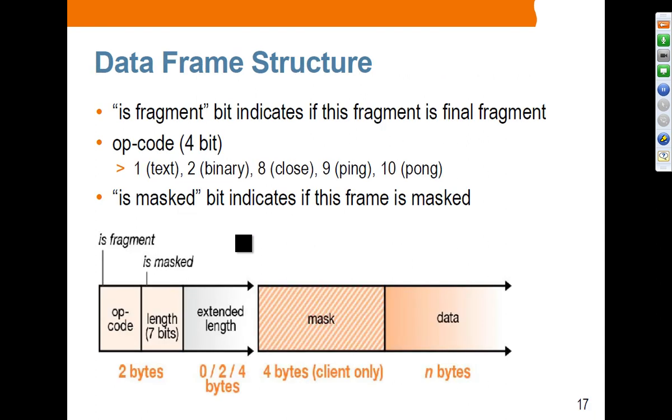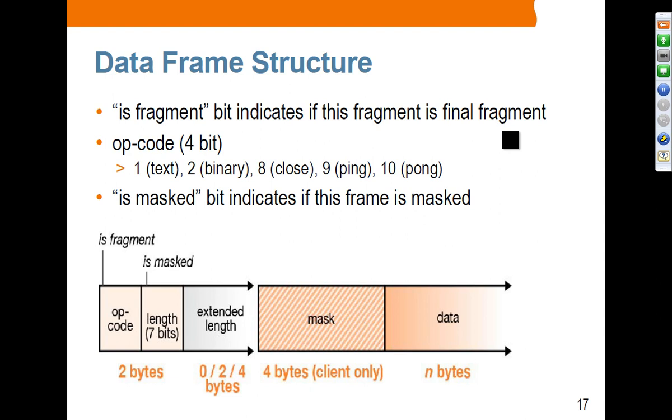Now, in terms of data frame structure, this is how a message is going to look. The first 2 bytes contain the opcode. The first bit indicates whether this fragment is a final fragment or not, so you could have a message that is constructed with multiple fragments.